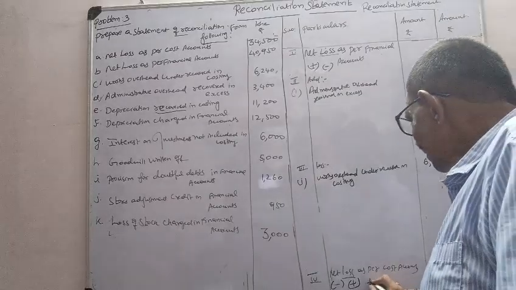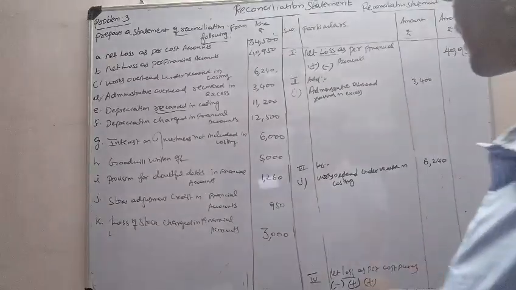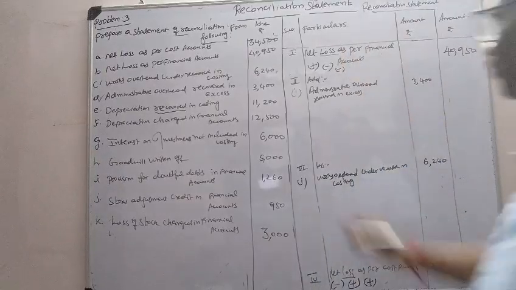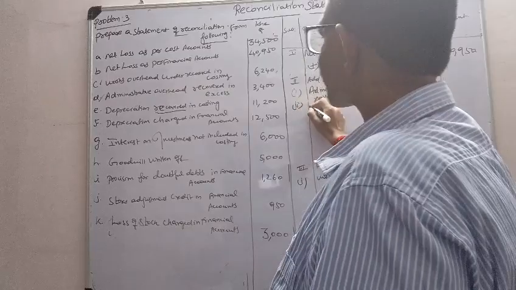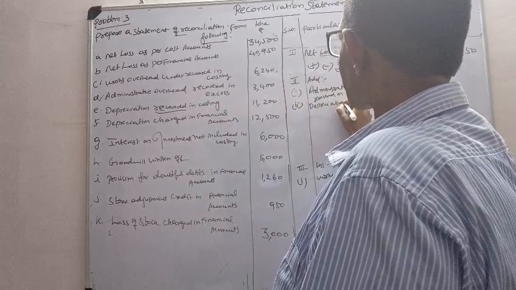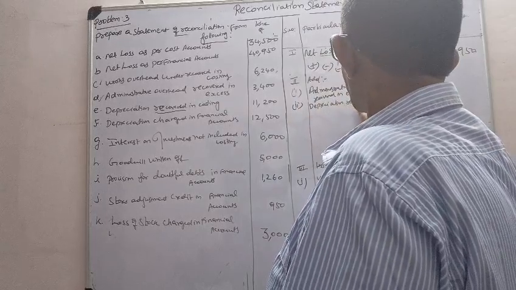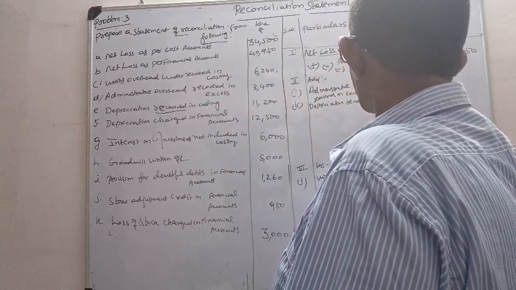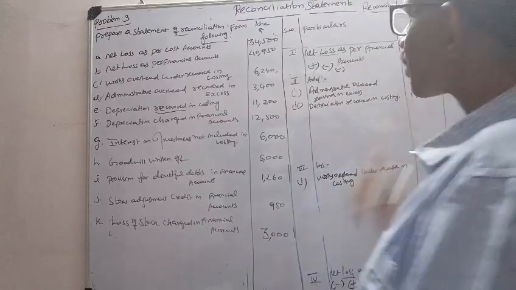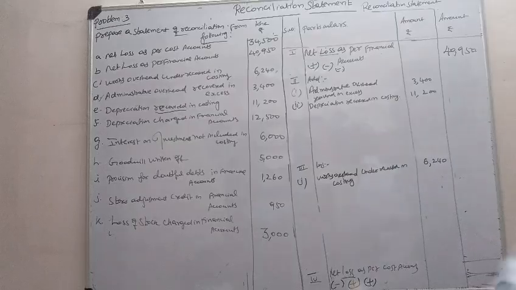Loss level increases in costing. So in financial it decreases. So we have to add depreciation recovered in costing. How much? 11,200.